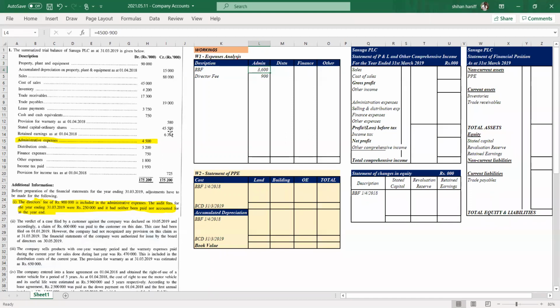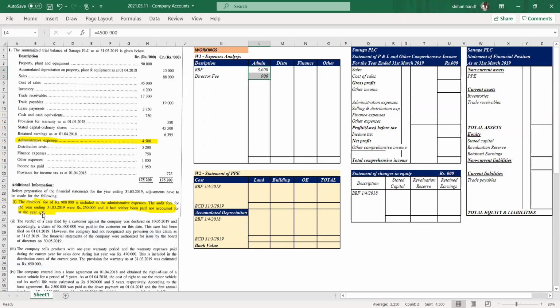Because as a note, if we pay directors or if we pay for accounts, auditing, taxation and all, that has to be shown as a separate note. Profit before tax note. Right. So total 4,500 we can show separately in the administration column.